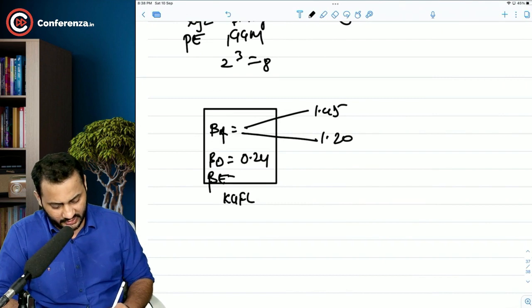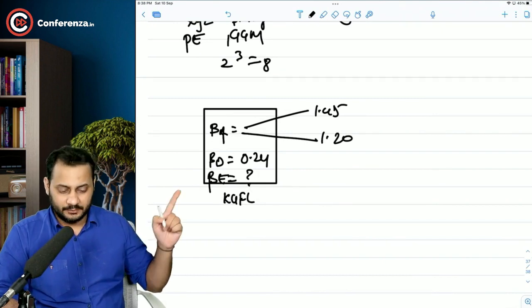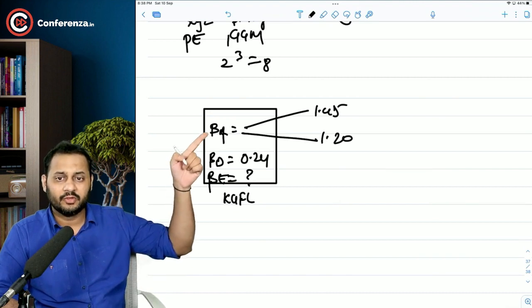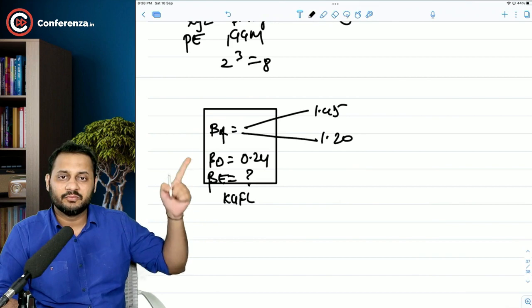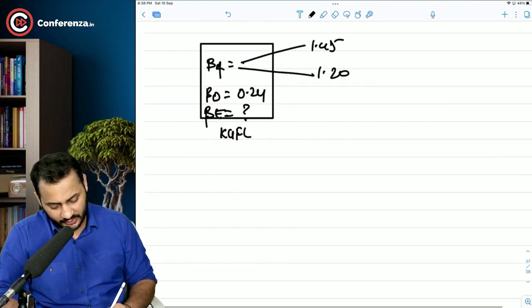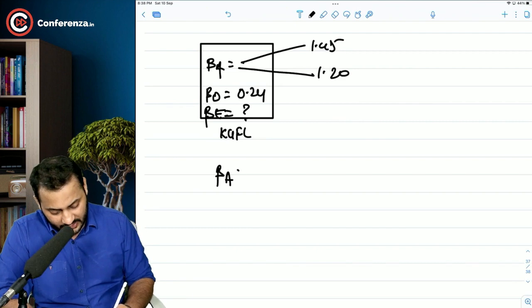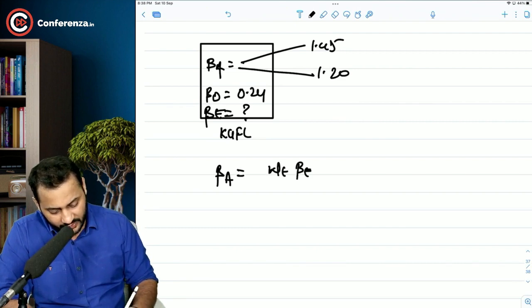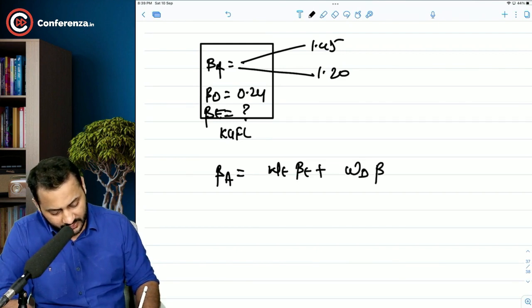We can calculate the equity beta. In order to calculate the equity beta, we have to first calculate the asset beta. Asset beta is equal to the weighted average of the debt and equity beta. If you remember the geared and ungeared formula, asset beta is equal to weight of equity multiplied by beta of equity plus weight of debt multiplied by beta of debt.